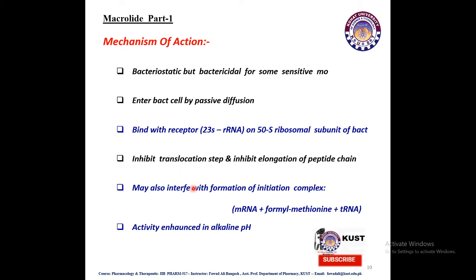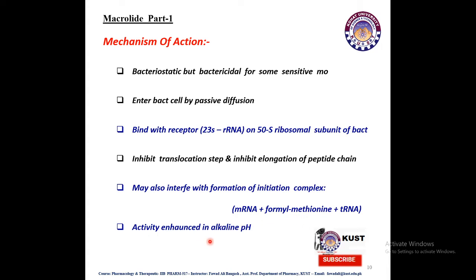They may also interfere with the formation of the initiation complex, which is messenger RNA plus formylmethionine plus transfer RNA. This is an initiation complex to which the different amino acids are added by the transfer RNA and converted into the polypeptide chain.